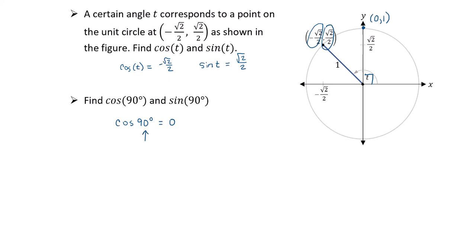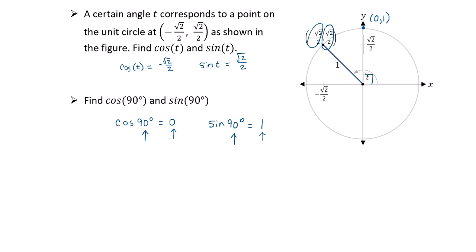The input is the angle, and the output is the x part of the coordinate. Sine of 90 degrees equals 1. Again, the angle is the input, and the output is going to be the y part of the coordinate on the unit circle.